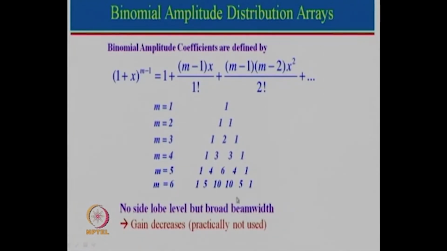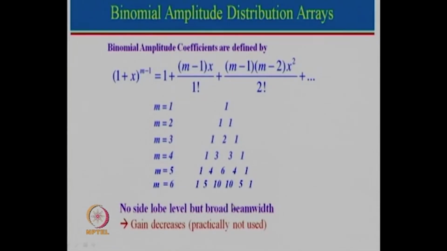Going down further, 6 plus 4 is 10, 6 plus 4 is 10, 4 plus 1 is 5. Now think about if I have to go to an even larger number of elements, suppose I go to m equal to 7, then 10 plus 10 is 20 will be here, 10 plus 5 is 15 will be there. If I go next, it will go to 35.